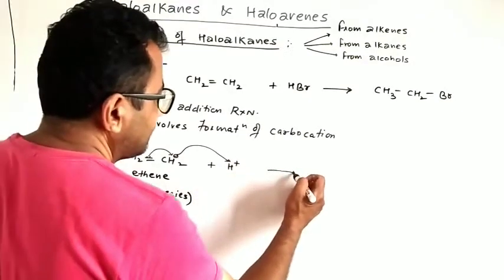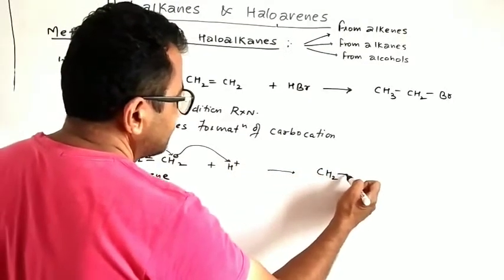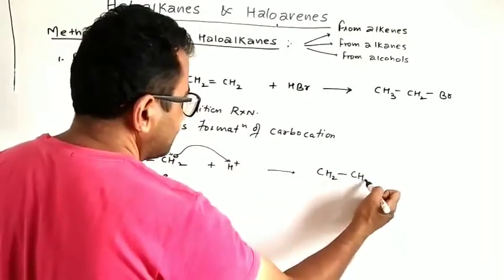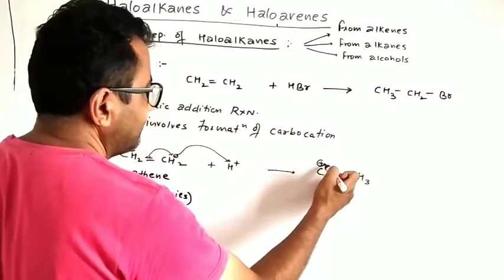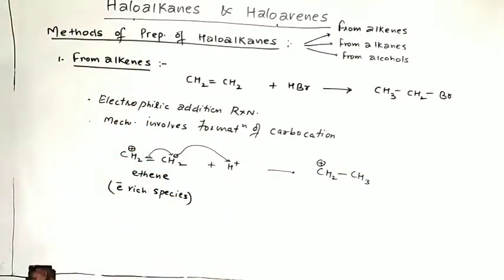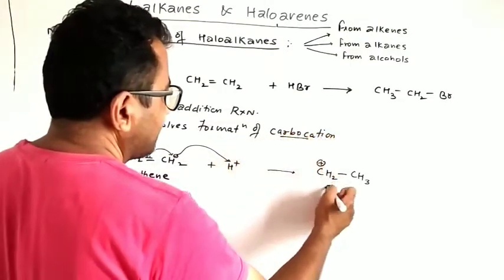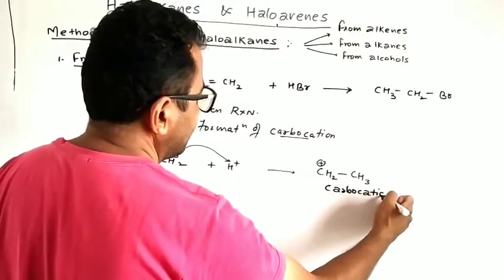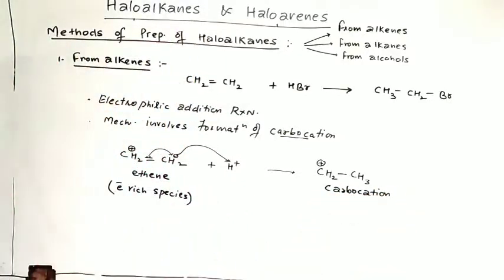To produce CH3CH2+, the positive charge will be on this carbon. This is your intermediate carbocation. This is the first step.